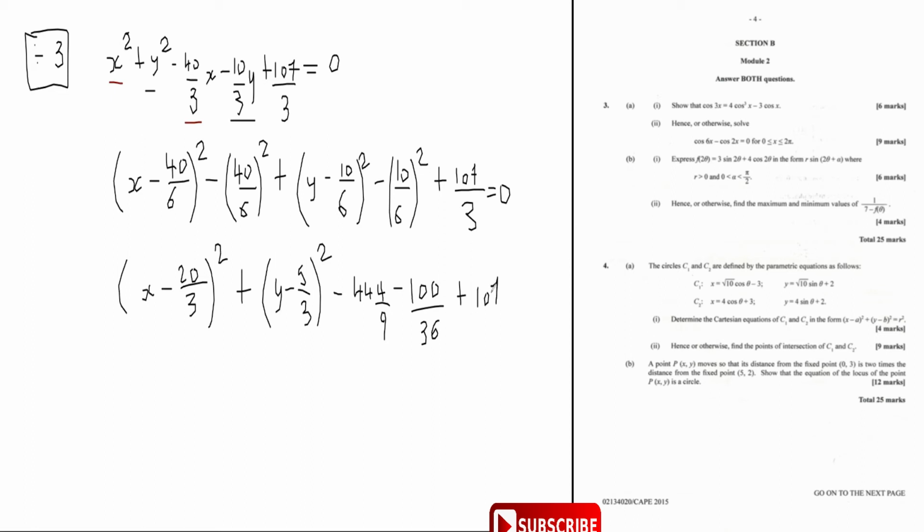So all I need to do now is add up these three terms, and we're good. Let's add them up and see what we get.